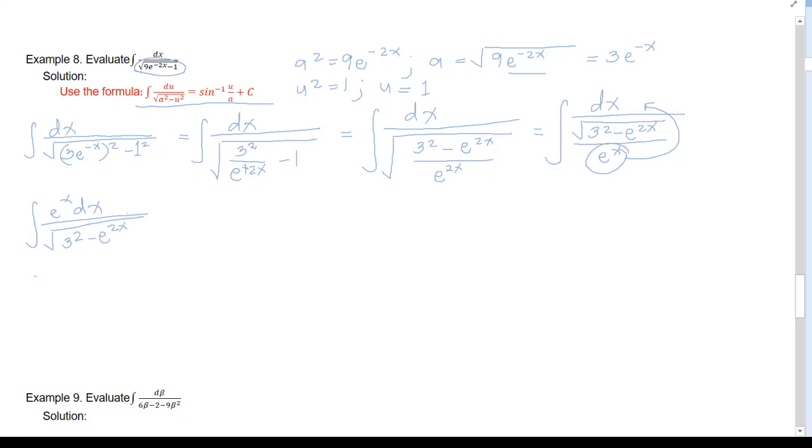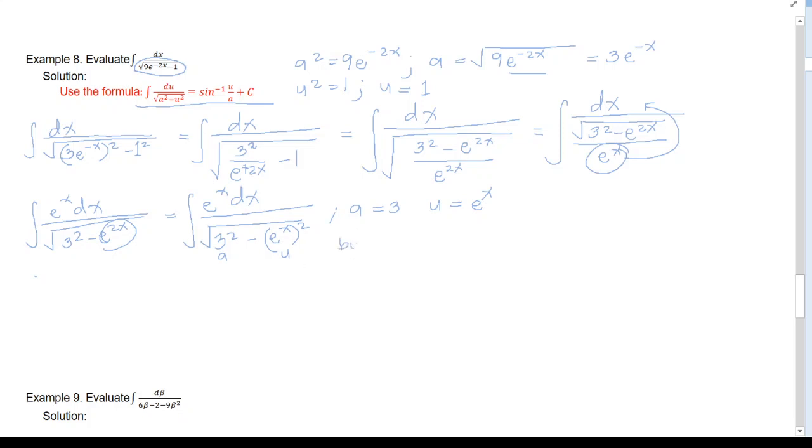Okay, so for this, we rewrite again this term, that is also equal to the integral of e raised to x dx divided by the square root of, since that is already in square, that is 3 squared minus e raised to x, raised to 2. So this is our a, this is the value of u. So if we check again, the value of a there is equal to 3 and u is equal to e raised to x already.